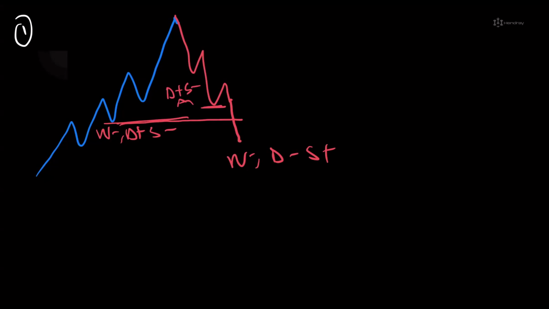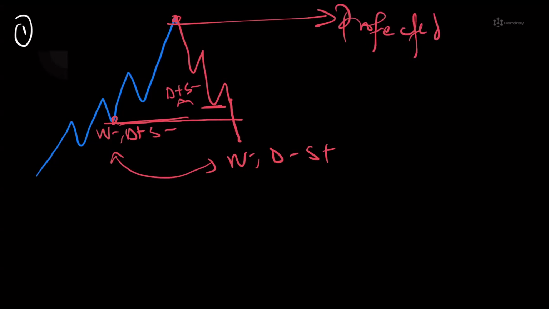We now have W minus, D minus, S plus. Now, W minus and W minus show us that there is no major absorption of that low, because this low is what leads us to this high for external divergence. So we know that this high is still protected.